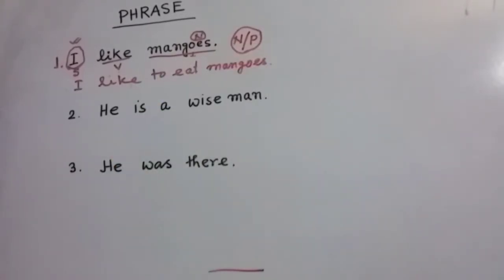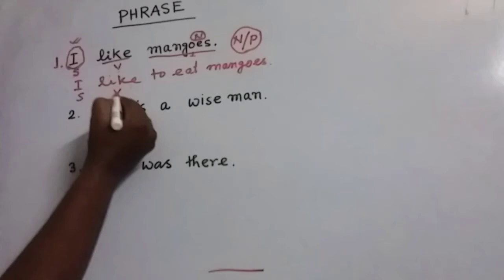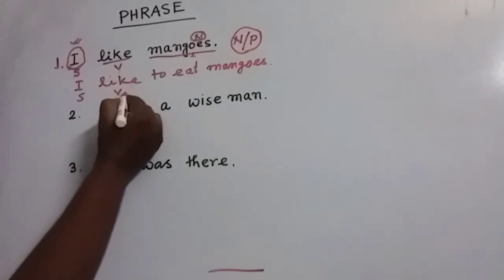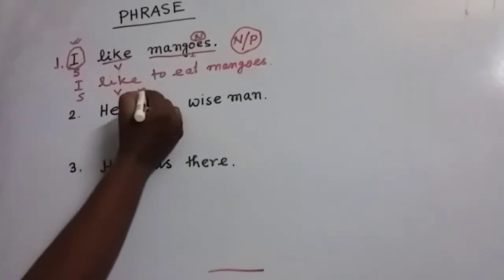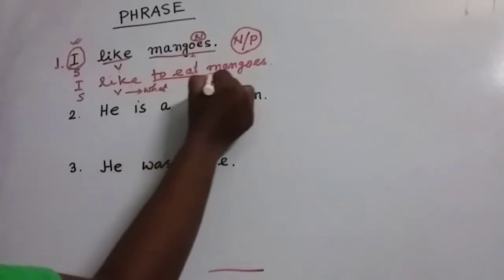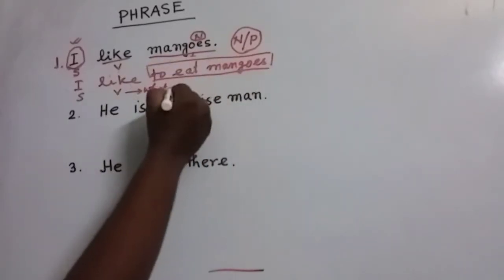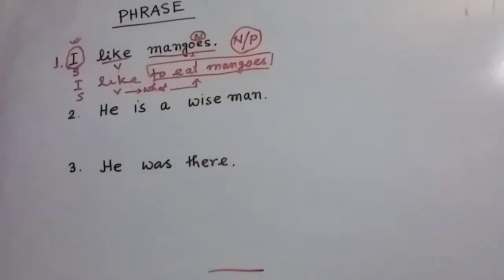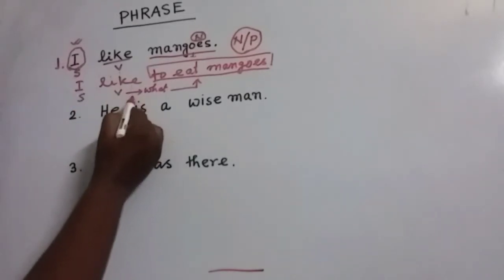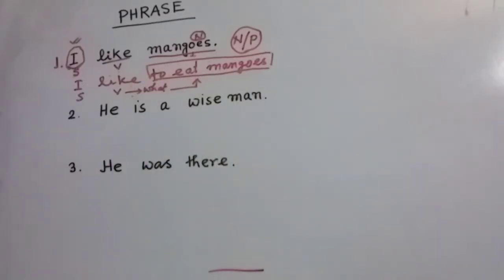Here, you can see this is the verb, this is the subject, and we are asking the verb by what? What do I like? The answer is the entire part. Look at this. So, what do I like? This is the answer, to eat mangoes.